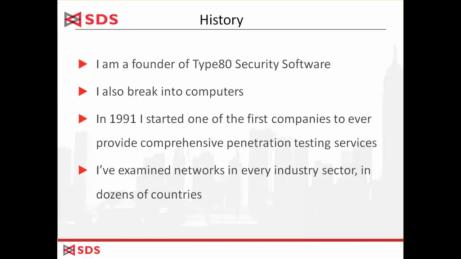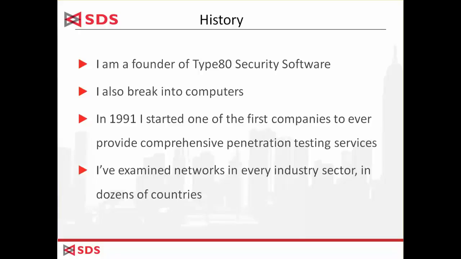Chris? Hello, everybody. My name is Chris Goggins, and I'm one of the founders of Type 80 Security Software. But as one of my other jobs, I also break into computers. I've been doing this for quite a long time and have seen a whole lot of different things around the world. In 1991, I actually started one of the first companies to ever provide comprehensive penetration testing services.